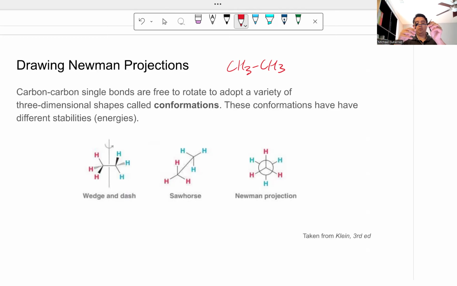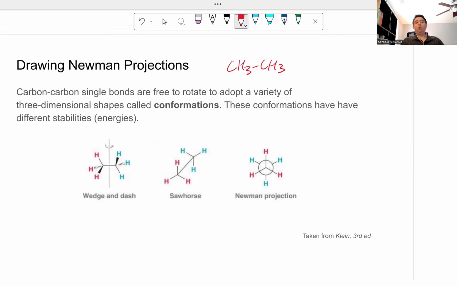I could go crazy with all of that, but I'm not going to highlight every single infinite possibility. But the key thing to remember is that these conformations result in a different stability as I rotate around the carbon. The molecule might not be as stable in one conformation as it is in the next. Some of the conformations might be equal in energy.